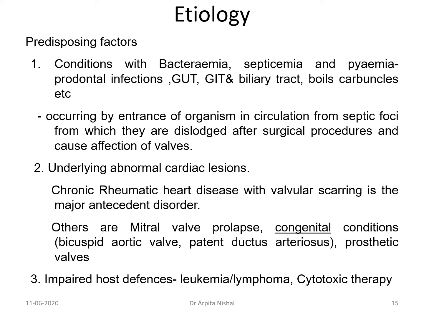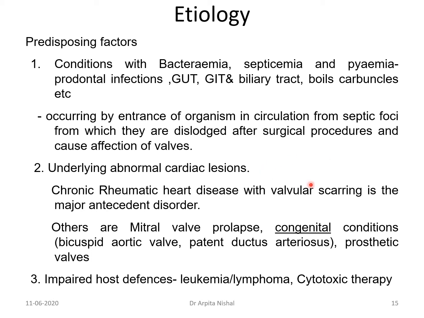And this bacteremia, septicemia, pyemia may occur from periodontal lesions, that is dental lesions, the GIT, biliary tract, from boils, carbuncles, etc. When these organisms enter into circulation from these septic foci, they are dislodged whenever there is a dental or surgical procedure, and they can come and lodge in the valves and cause infective endocarditis.